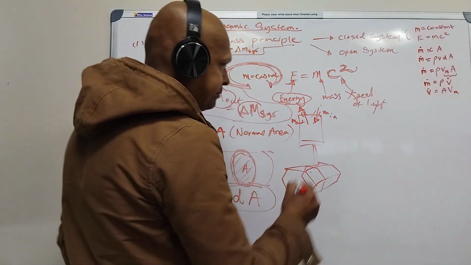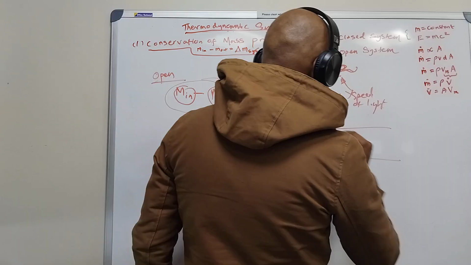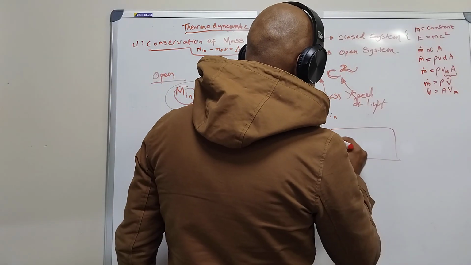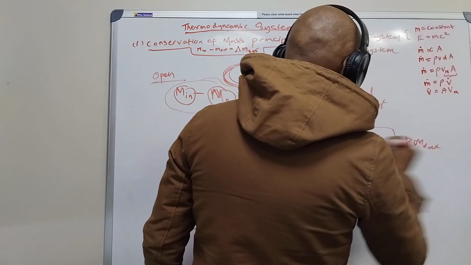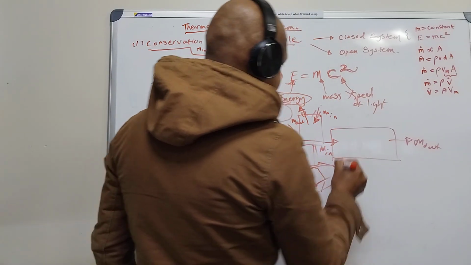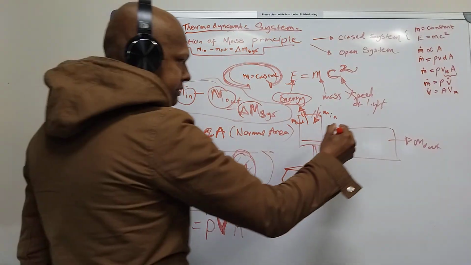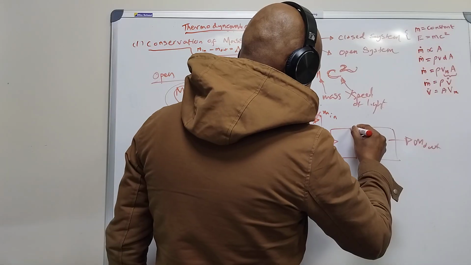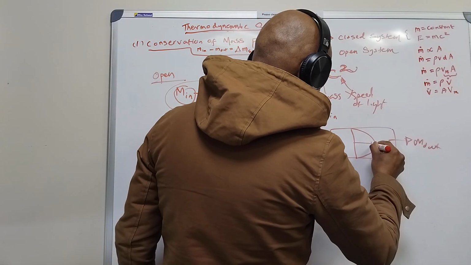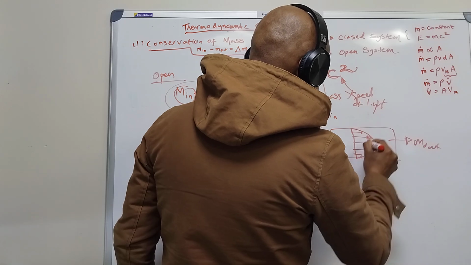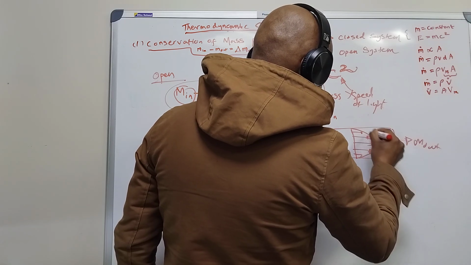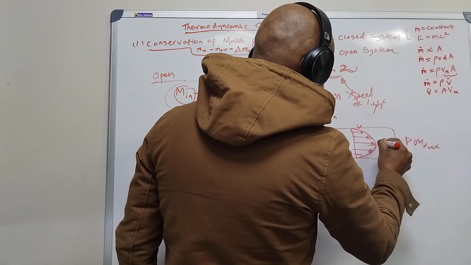If you look at a duct with flow going in and going out, usually the velocity profile is like that. This is a small velocity and this is a high velocity.